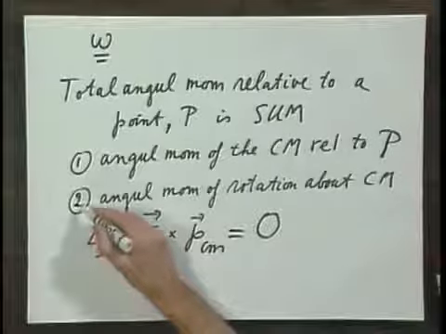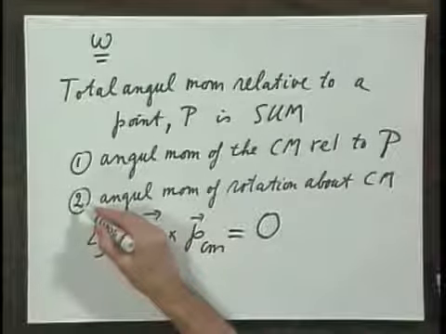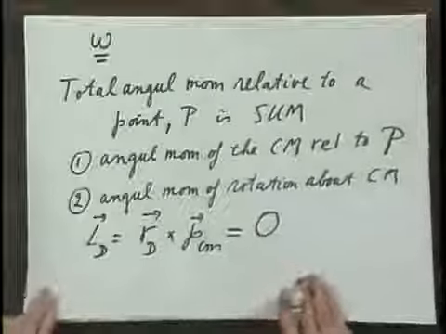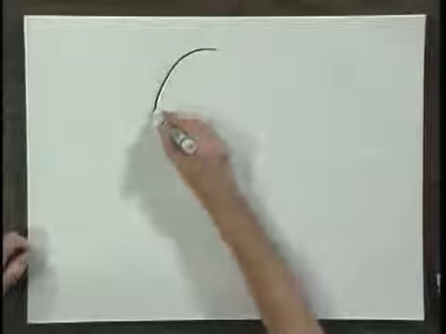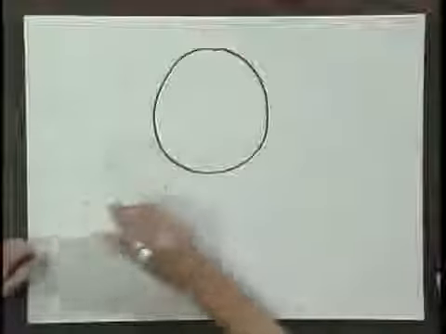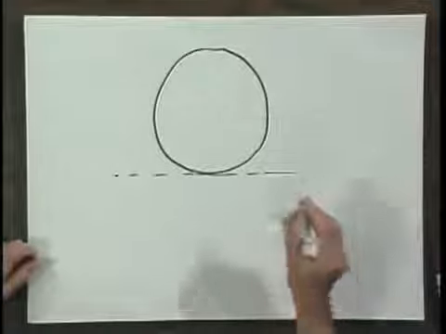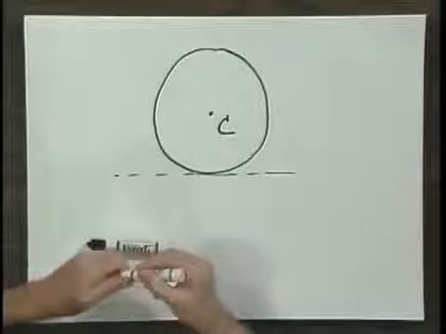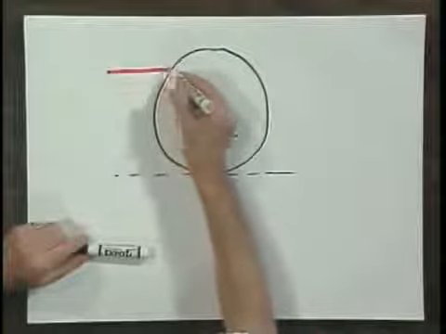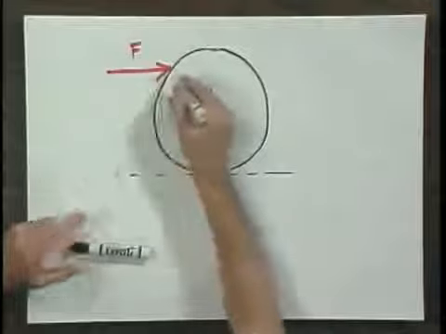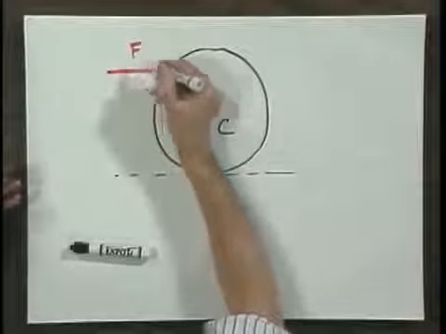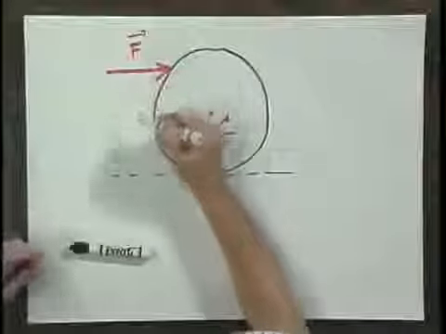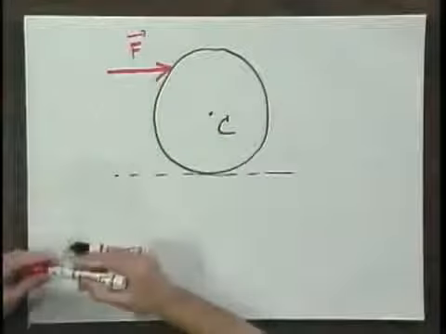So now we have to go to the second component, which is the angular momentum of rotation about the center of mass. So we give the impulse. Before we give the impulse, the angular momentum about the center of mass is 0. And after the impulse, there is an angular momentum about the center of mass, C. At any moment in time, there will be a force acting in this direction during the time that this force lasts, which is from the initial time to the final time, and the time integral of F dt would be the impulse.